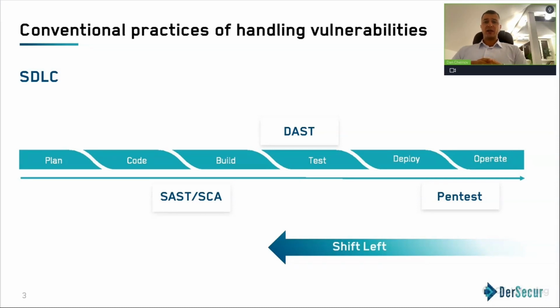And as our application grows and takes shape, we bring in the heavyweights like DAST and penetration testing. It's like we are giving our app a superhero training regimen, ensuring it's ready to combat any threat possible during its life cycle.